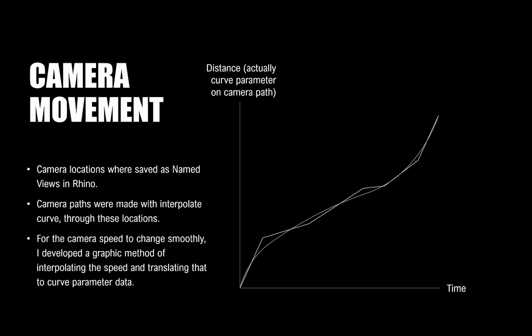This was something that I didn't figure out immediately how to do, but basically I translated the speed into a two-dimensional graph, something similar to this polyline you can see here on the screen, and then I could smooth the polyline. I don't remember exactly if I used an interpolating curve or if I filleted the corners or whatever I did, but I did something like that, and then I could read the distance here.